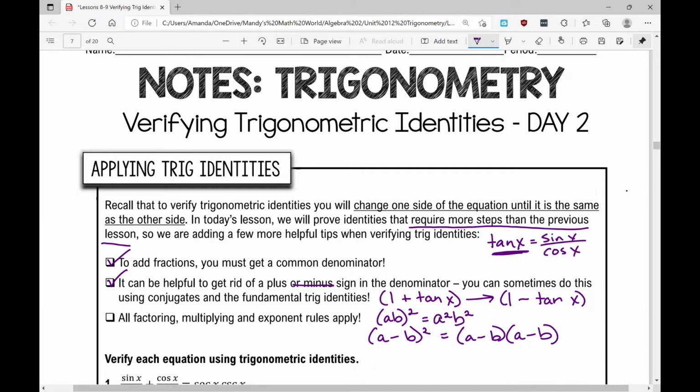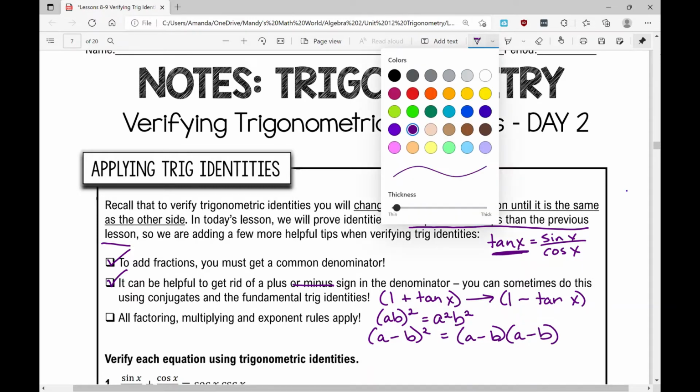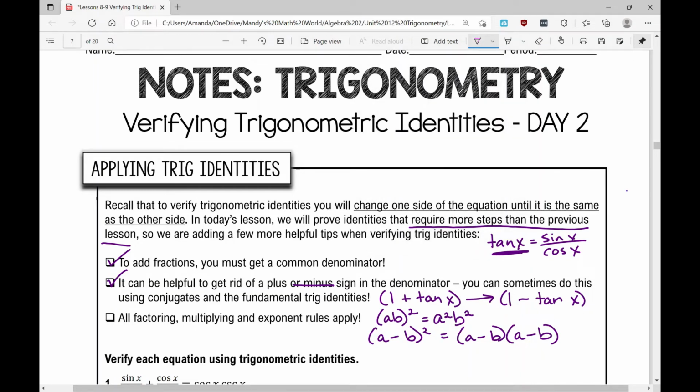And then what if I have something like, for example, sine squared x minus 1. That is a difference of two squares. Okay, what I just showed you up here, (a minus b) squared, that's not a difference of two squares.